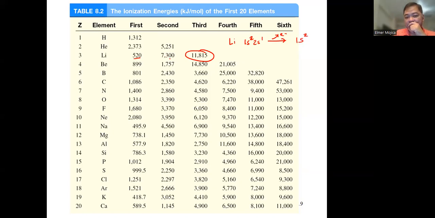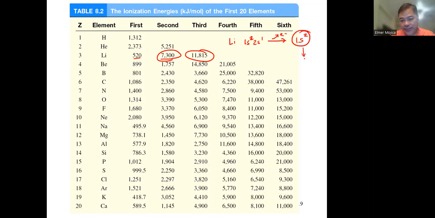But if you're going to look at the second ionization energy, it's more than 10 times. Why is it? Bakit mas malaki yung second ionization energy than the first one? Because you are disturbing a stable system. 1s2 is like the noble gas configuration.